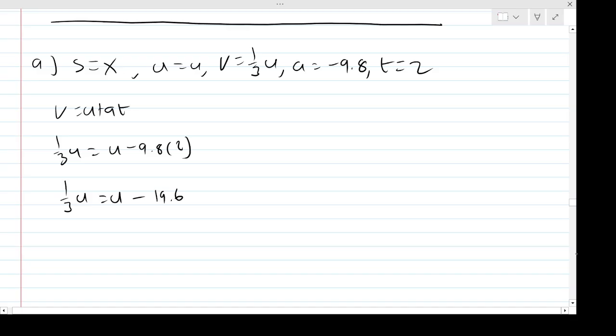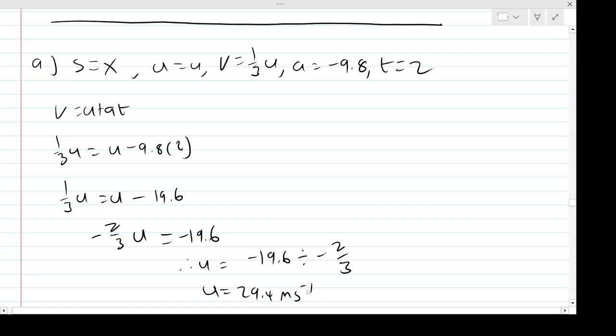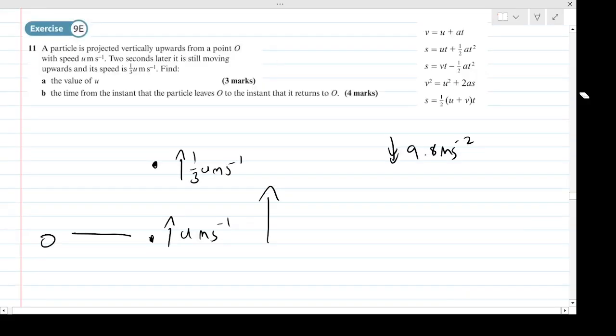Then if we solve for u, if we subtract u from both sides, we get minus 2/3 u is equal to minus 19.6. If we divide minus 19.6 by minus 2/3, we get u to be 29.4. And there we are. We can add that on to our diagram, so now 29.4 here. If I need to work that out, I can, but I'm going to leave that there for now. That's the value of u.